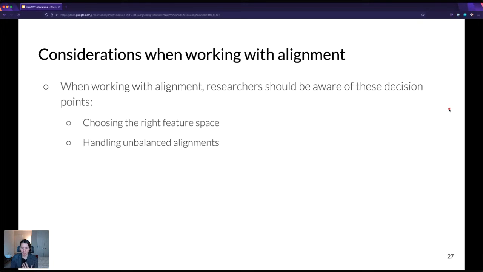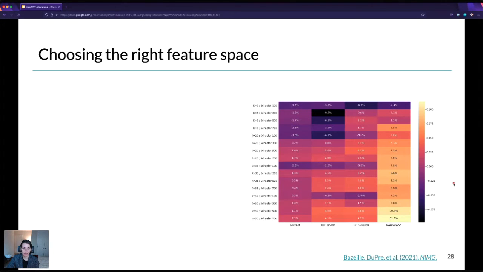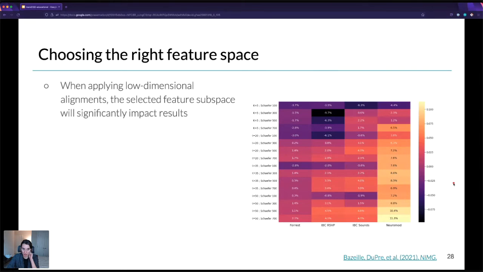We don't always expect information to be perfectly preserved between different brains or between different neural network instances, for example, if the layers are different sizes. And then finally, we may need to think about considering template-based alignments. So rather than aligning to data that we know exists, if we have many, many sessions or participants, we may need to think about how we can align not one-to-one, but to some shared or common template.